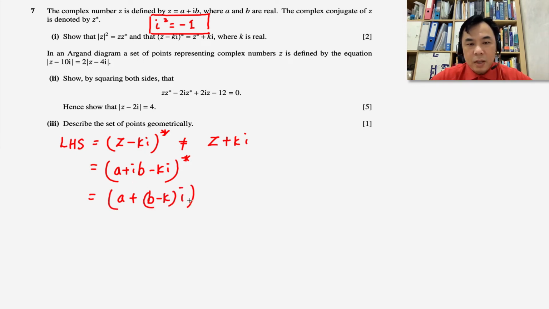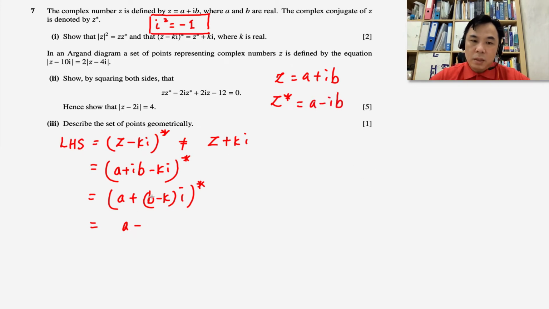And then conjugate that. Now we can apply the complex conjugate. That will be a minus, because if you have z as a plus ib, the complex conjugate will be a minus ib. We're going to apply the same idea here. There will be a minus bki here. Or sometimes you can rearrange this again.